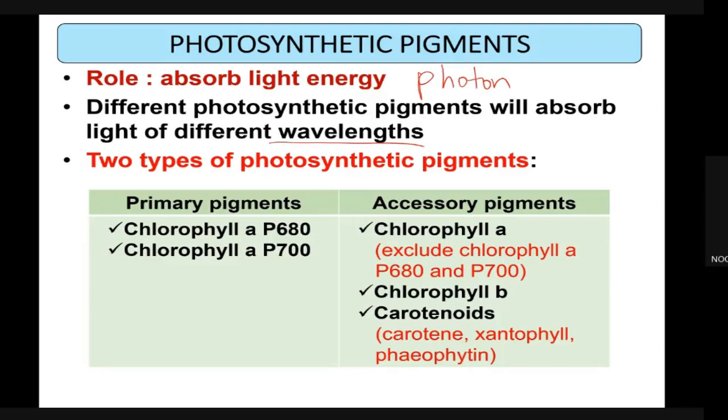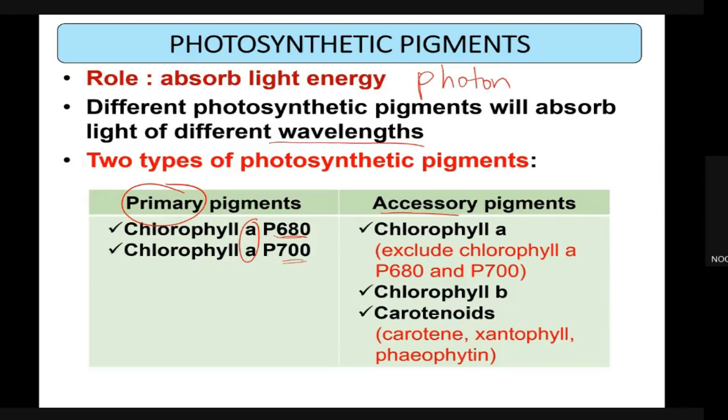There are a few types of chlorophyll A. The primary pigments involved during light-dependent reaction are chlorophyll A P680 and chlorophyll A P700. P680 means the chlorophyll A absorbs light energy at wavelength 680, while for P700, the wavelength absorbed by the chlorophyll A is 700 nanometer.